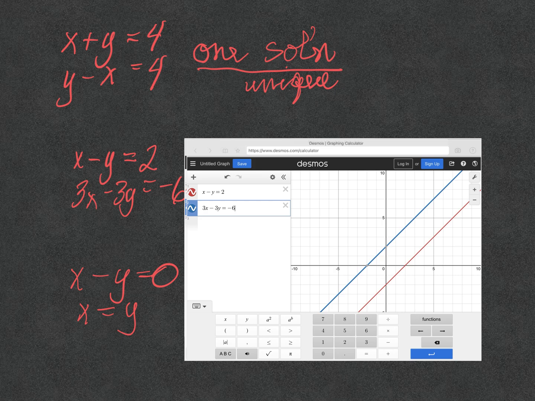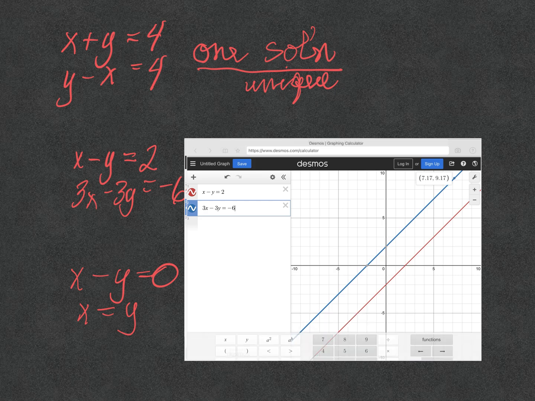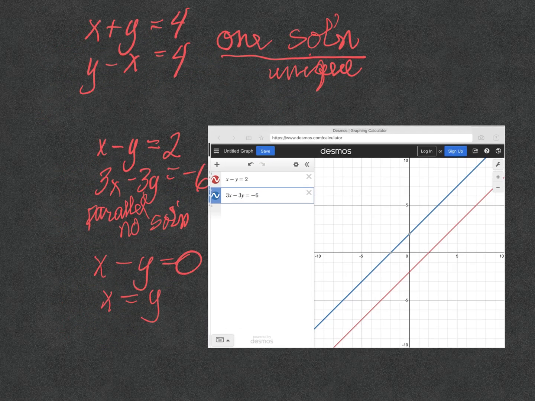Now, when you look at this, these lines are parallel, okay? So they are parallel, and when you have parallel lines, you have no solution. Now, if you're using a grapher, you could actually scroll back and forth, and you could see that these are never getting closer together. So sometimes it will look like lines are parallel, but they really aren't. So you want to watch out for that, all right?